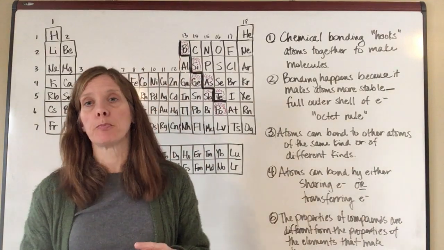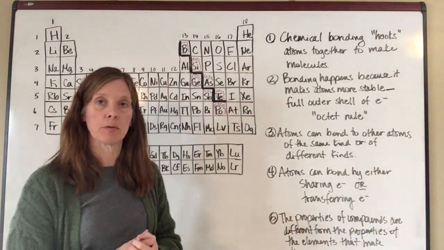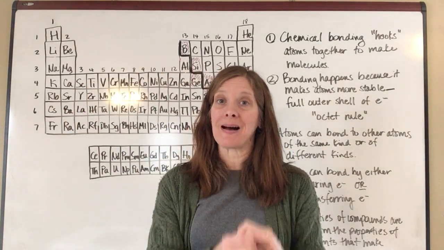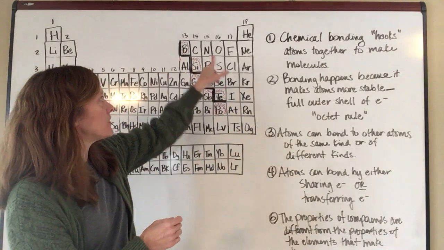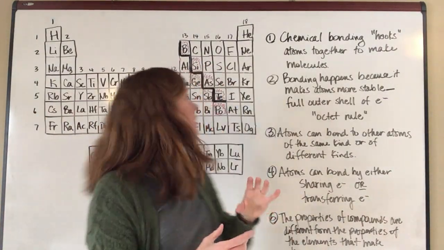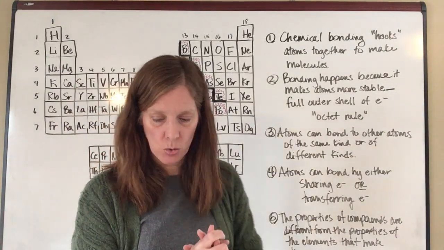However, they can also bond to atoms of the same kind. So oxygen, as an example, will bond to another oxygen atom, and it will make a molecule of oxygen. Nitrogen will bond to another atom of nitrogen and make a nitrogen molecule.